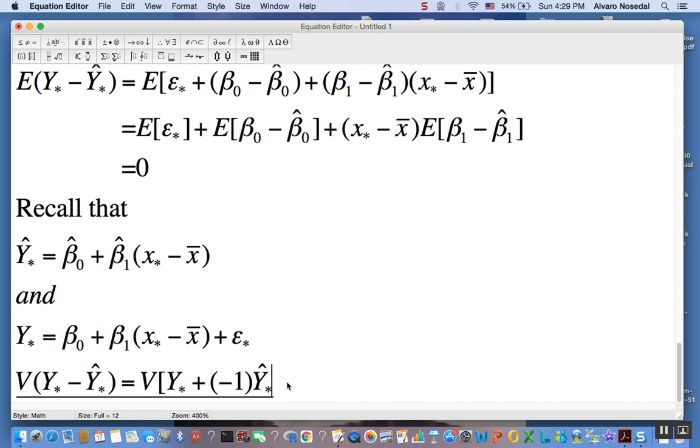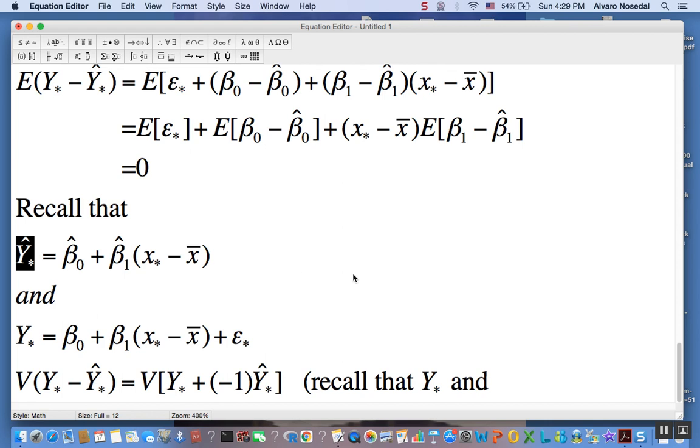So variance of a sum, but if these terms are independent, it's just the sum of variances. So recall that y star and y hat star are independent.